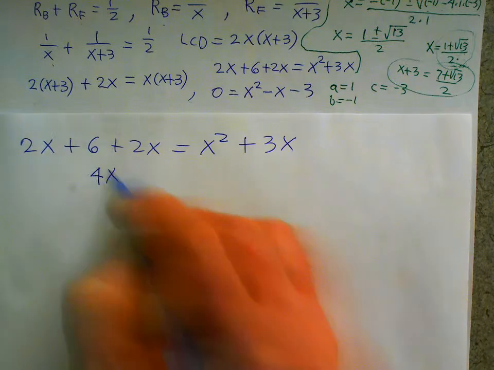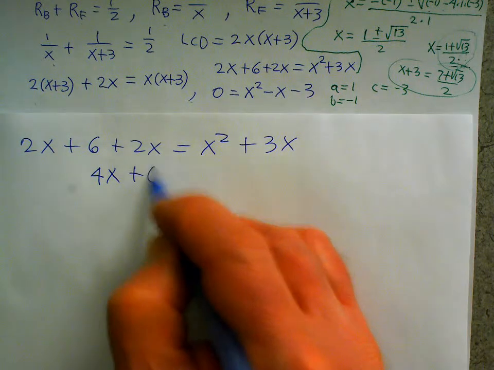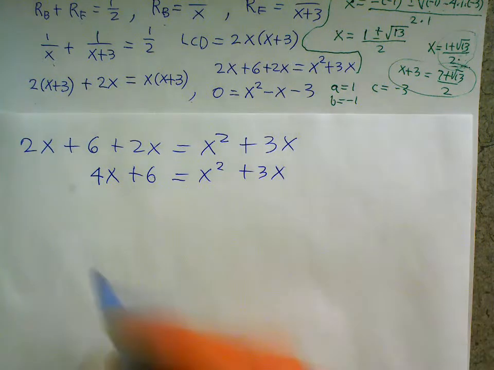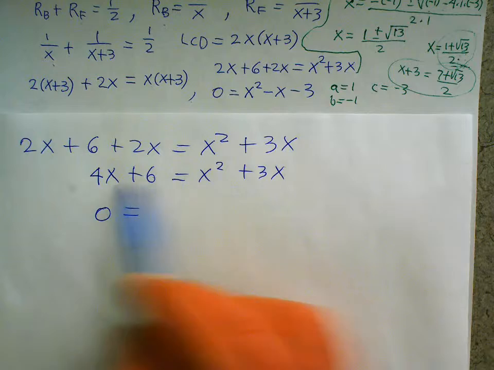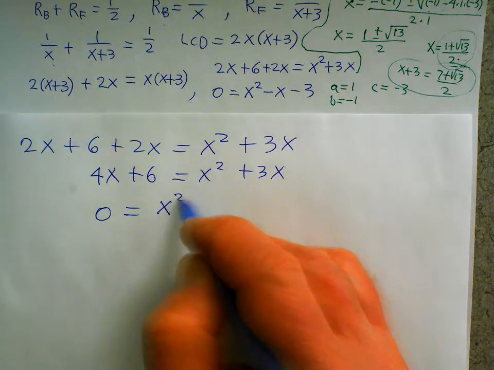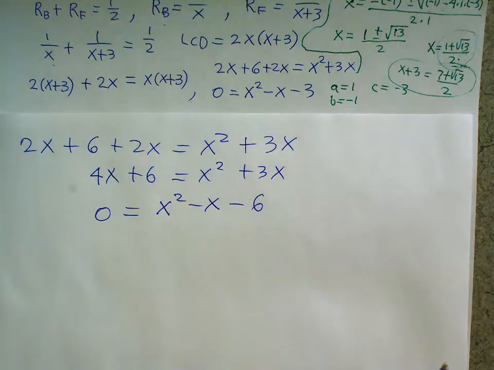So let's do that real quick. If we combine like terms on the left-hand side, 4x plus 6 is x squared plus 3x. And then subtract 4x from both sides and subtract 6 from both sides, we get x squared minus x minus 6.